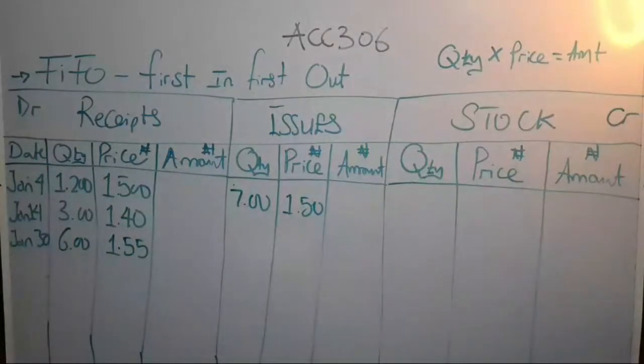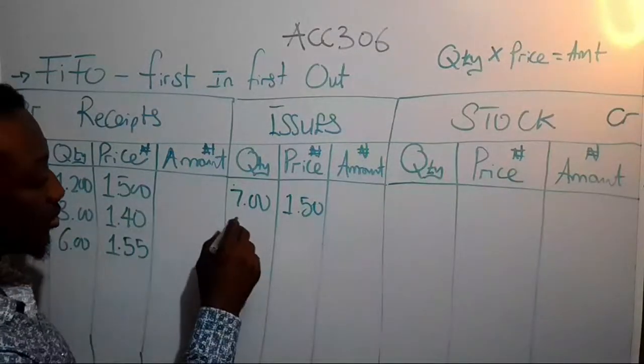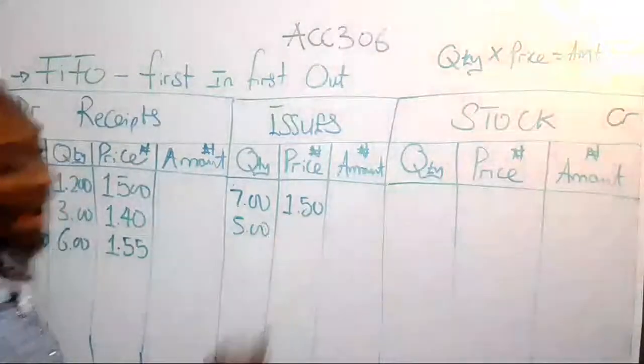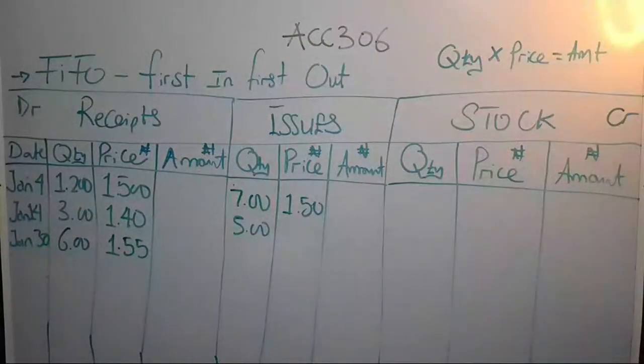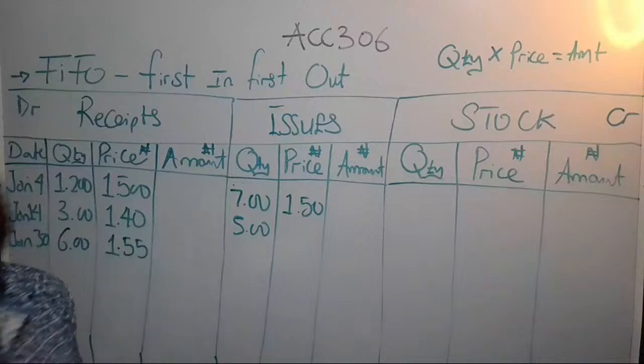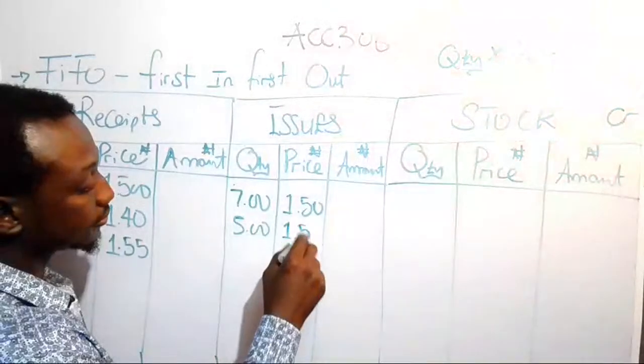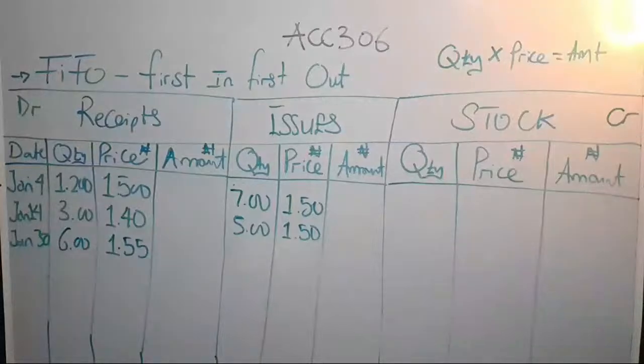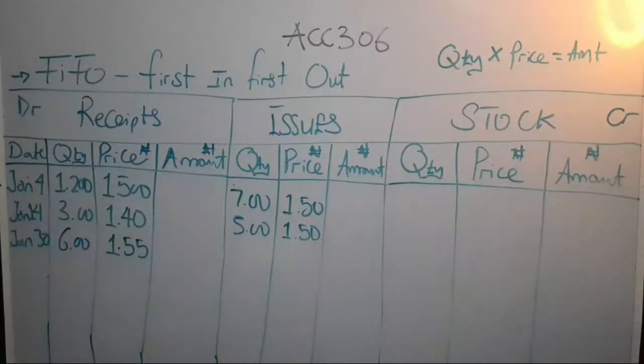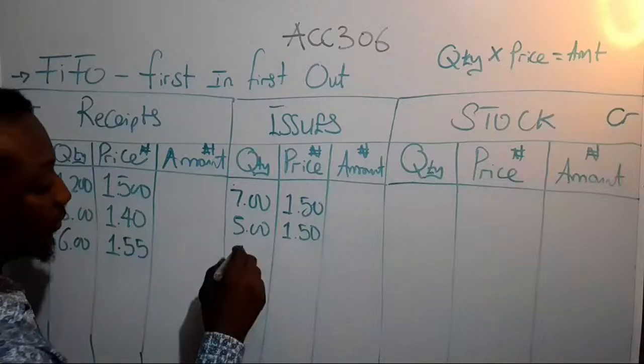We also have 5.0. Okay. At what price? We have 1.5. Okay. So as well, we have 3.0 at 1.4.